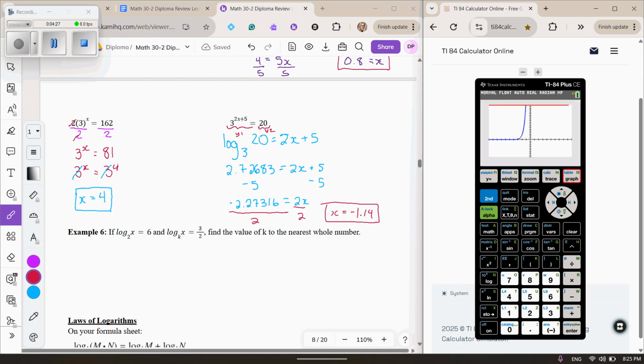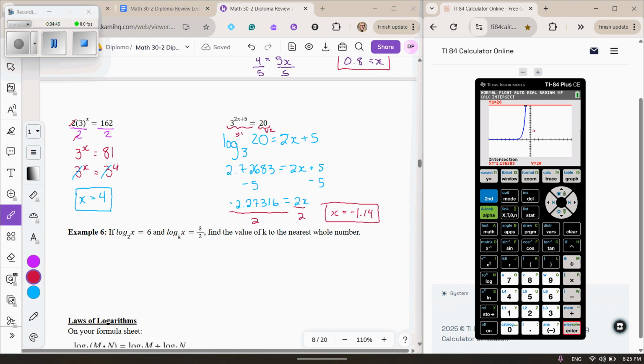I'm going to press graph, see what I see. Okay, looks like I can find that intersection. Second, trace 5 for intersection, and then enter, enter, enter. It tells me negative 1.13658. So that's great, we did it correctly.